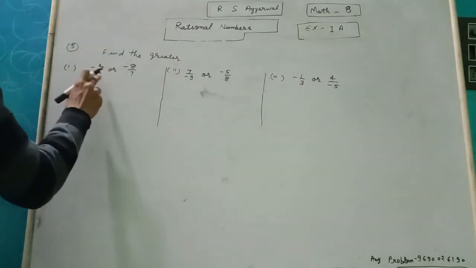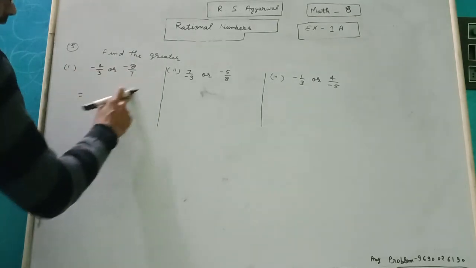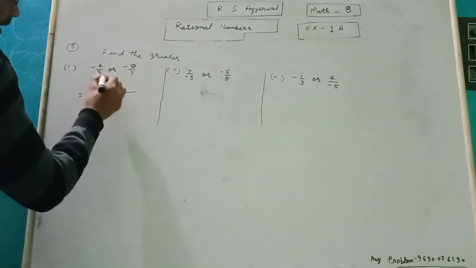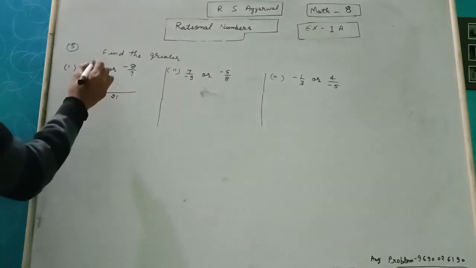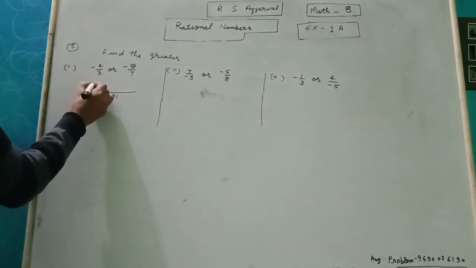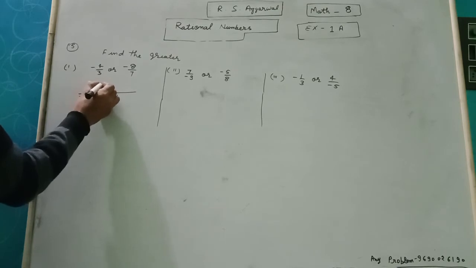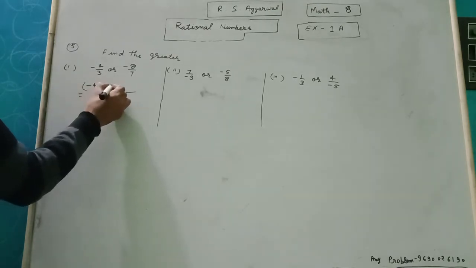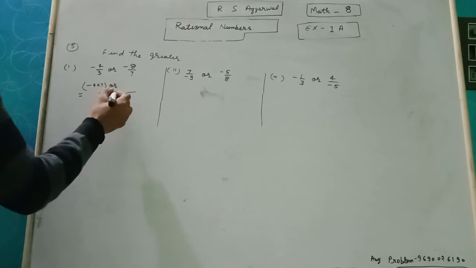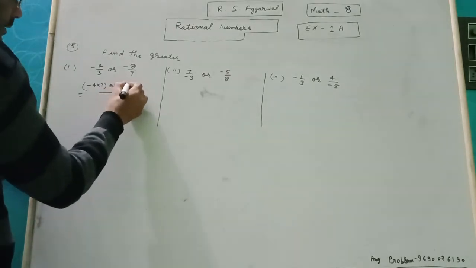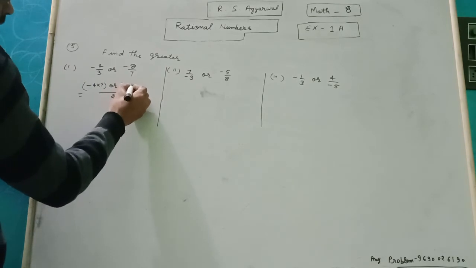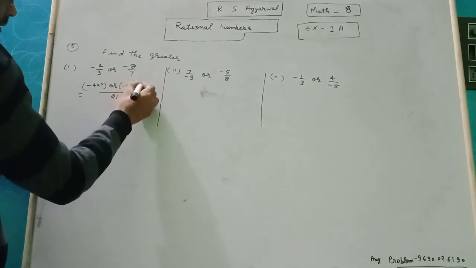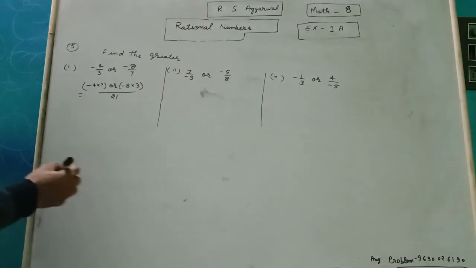Taking the LCM of 3 and 7, LCM will be 21. 21 divided by 3 is 7, minus 4 into 7, or 21 divided by 7 is 3. After multiply, minus 8.